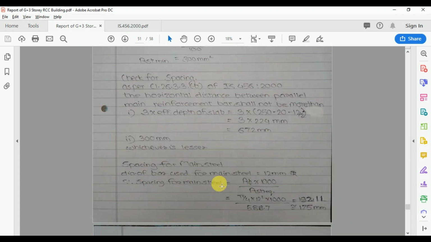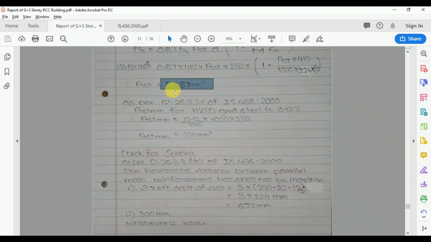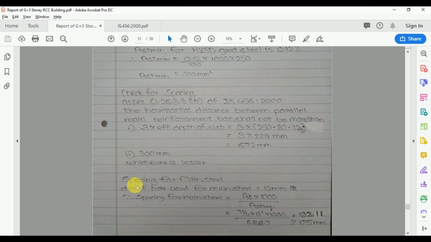So here you can see the design spacing. For the calculation of the design spacing, we have the formula area of one bar into the unit width, that is 1000 mm, upon the area of steel required, whereas here the area of steel required is 58.7 mm square. So here we got the design spacing as 192.11 mm. We also need to check this spacing with respect to the codal provisions of Indian Standard.